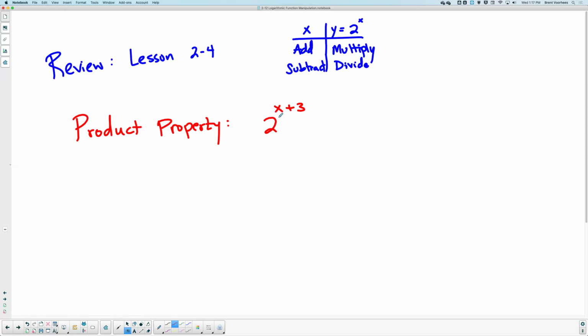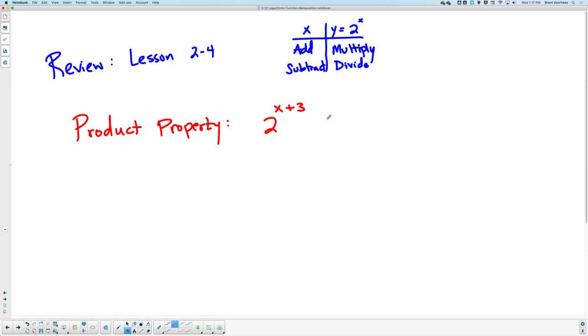You could rewrite this. Tell me, what's right now adding? Is that the x's, the inputs, or the outputs, the y's? The inputs. The x's, the inputs, they're adding. If x's are adding, that's the same thing as multiplying your y's. The way I wrote up here, y represents 2 to some power.